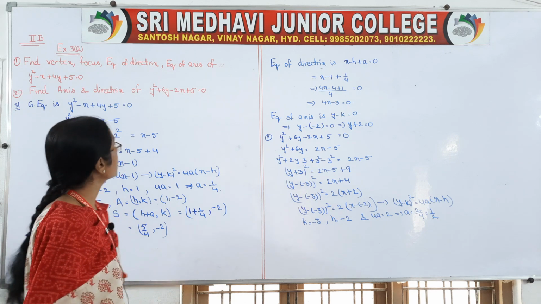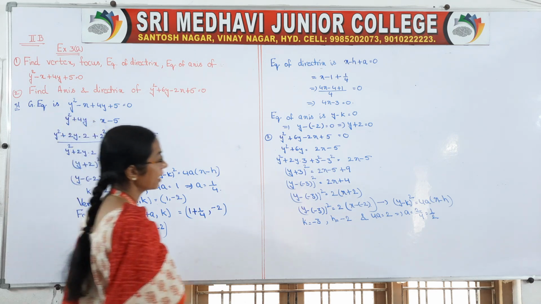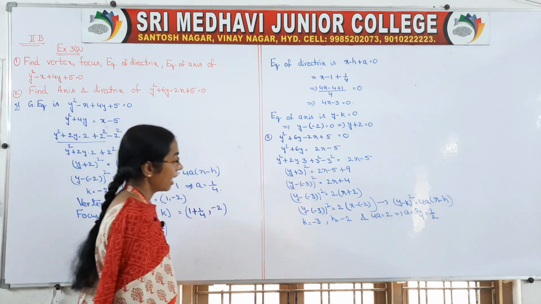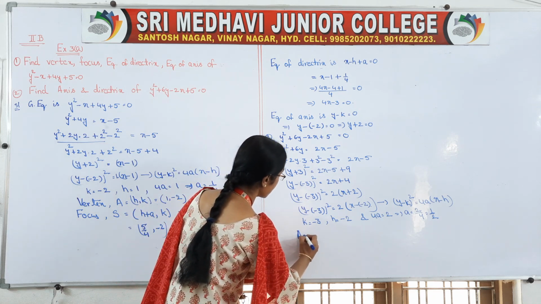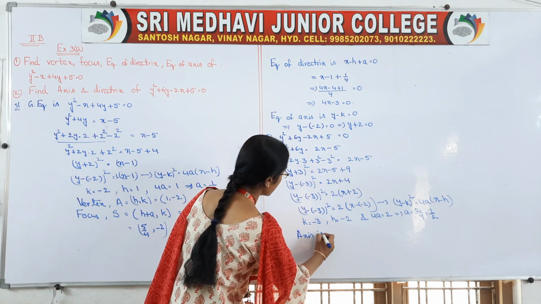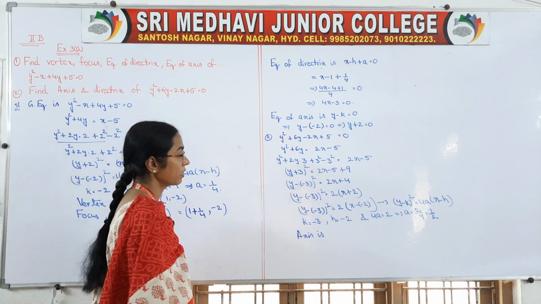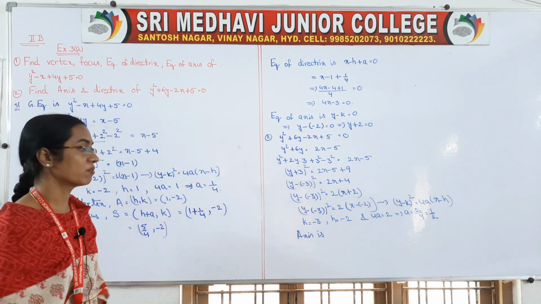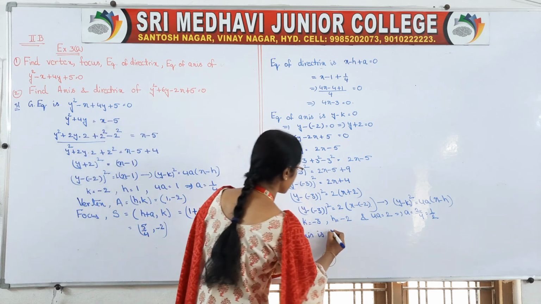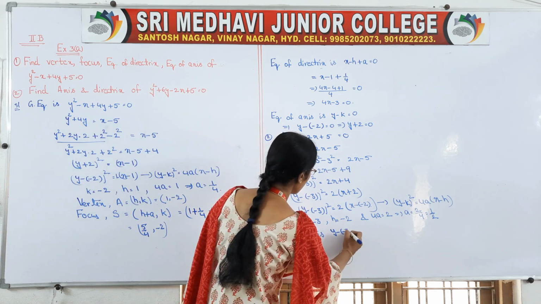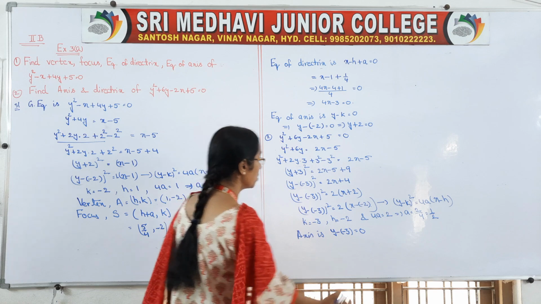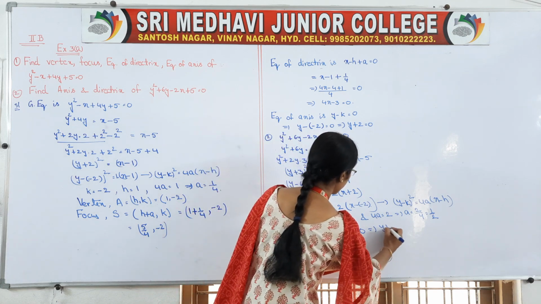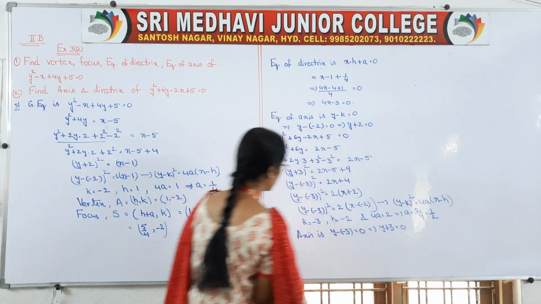The question is to find the axis and the directrix. You know it very well, if it is of the form y minus k whole square is equal to something, your axis is y minus k. So your axis is y minus of minus 3 is equal to 0. That means y plus 3 is equal to 0.